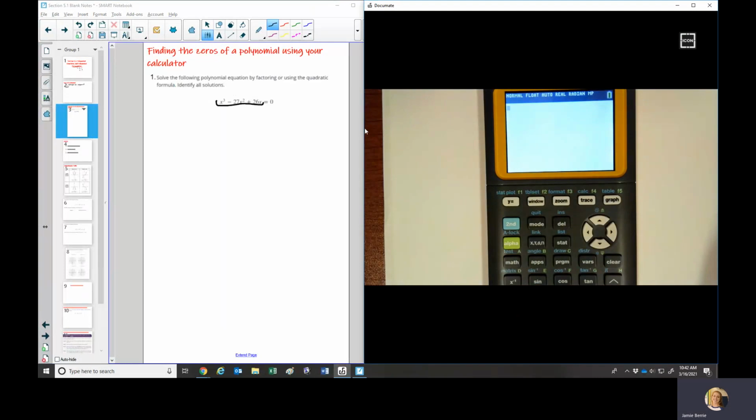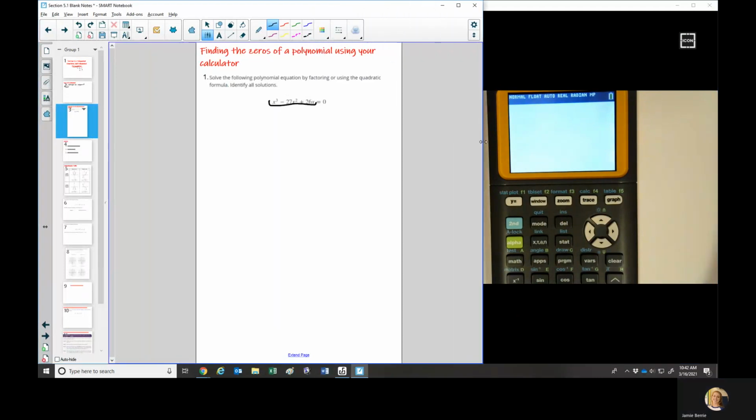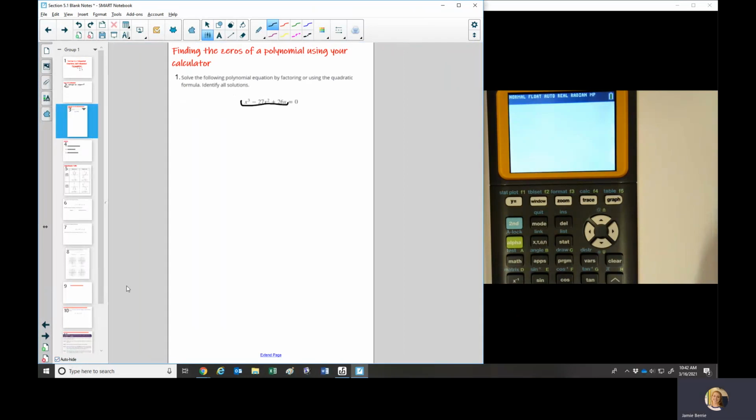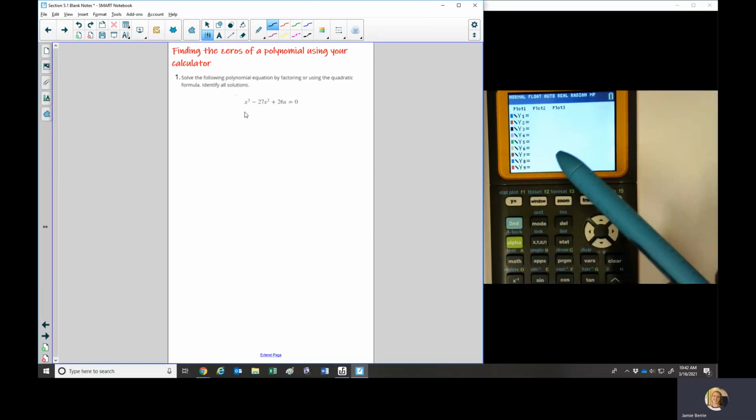All right, let me see if I can get this the way I want it. There we go. It's kind of hard to read there, but hopefully you can see that polynomial. We're going to go to our y equals screen right here, and we're going to type in our function.